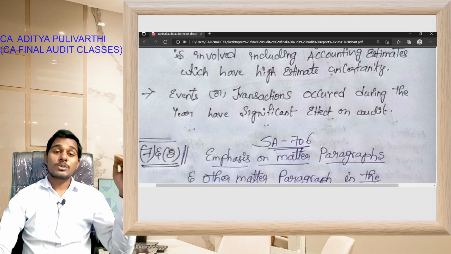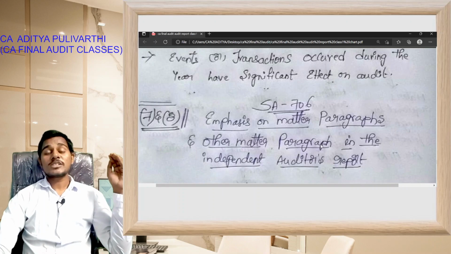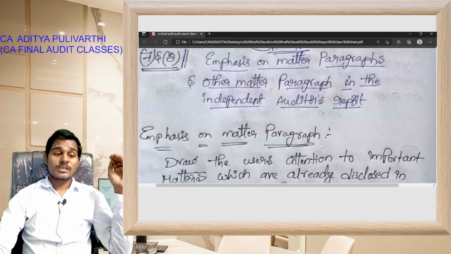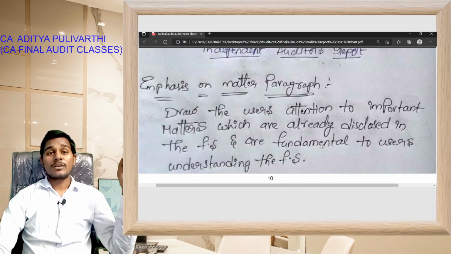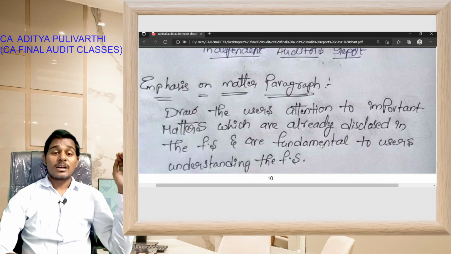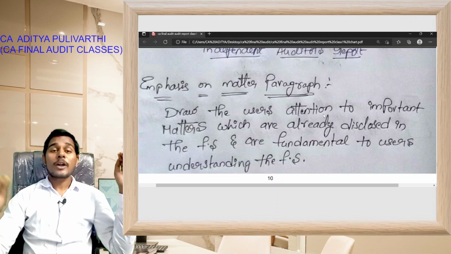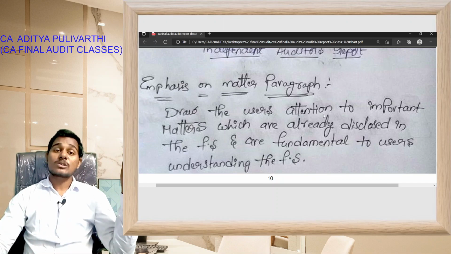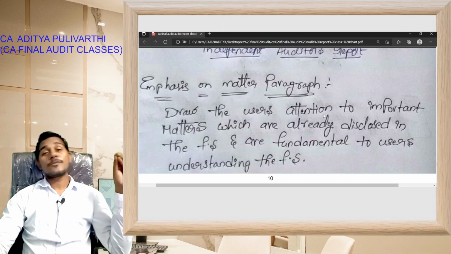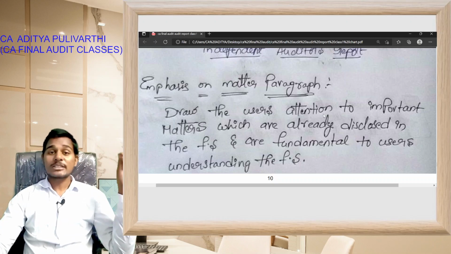Next, coming to SA 706, emphasis of matter paragraph and other matters in the independent auditor's report. See students, emphasis of matter paragraphs draw users' attention to important matters which are already disclosed in the financial statements and are fundamental to users' understanding of the financial statements.